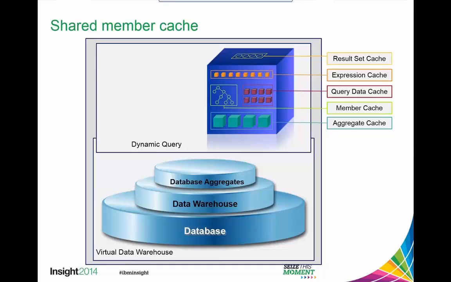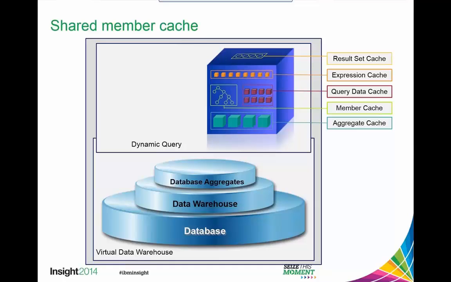New, I guess it came out in 10.2.1 Fixed-Pack 3, dimension members can now be shared between your dynamic cubes and your virtual cubes that reside on the same server. What this helps with is reducing the overall memory footprint. So if your project contains any dimensions that are referenced by 1 or more cubes, you can share member cache.